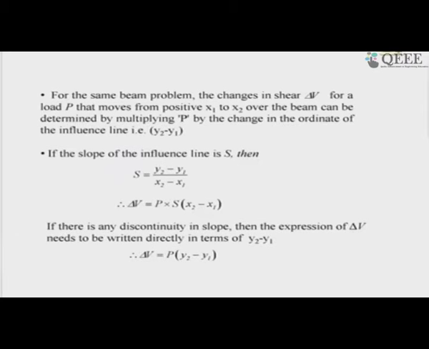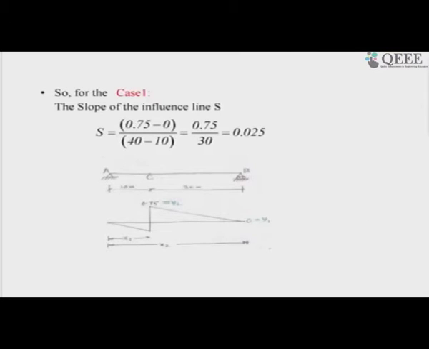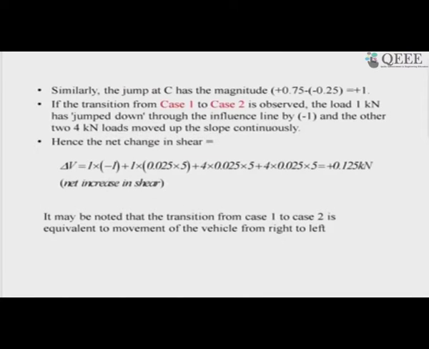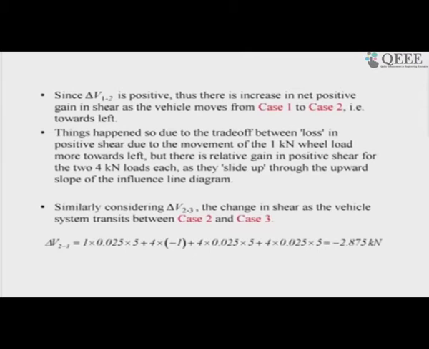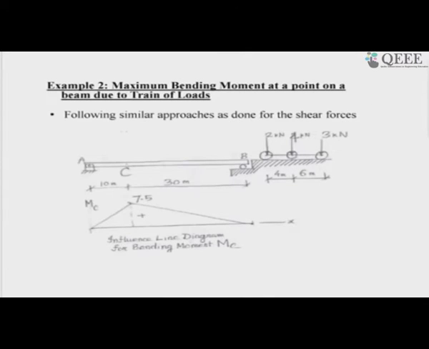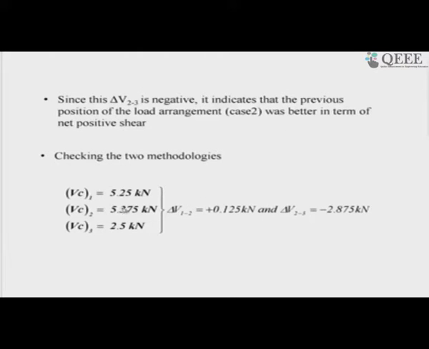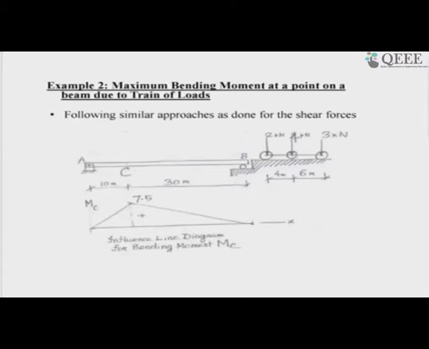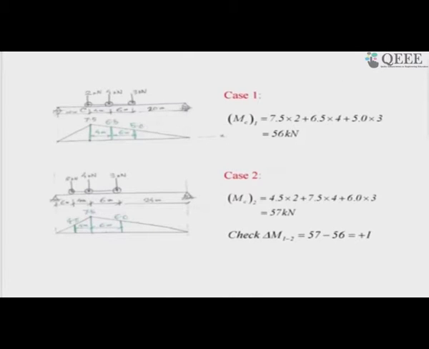Now, it is easily extendable to slope change and the changes in the function instead of the functions themselves, and once the function changes negatively, we are predicting that the previous position was better and now it has gone worse. I have shown you the computations at last. This is the maximum. It has been extended to bending moments, and these are the cases.